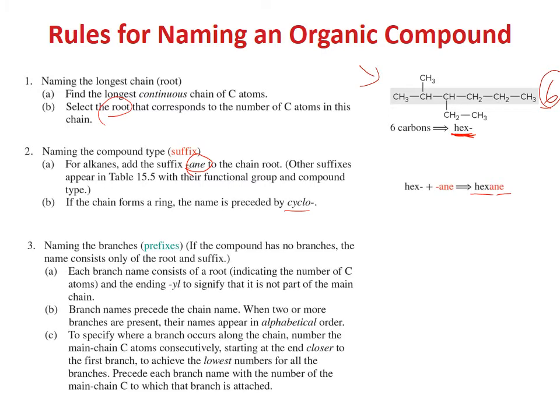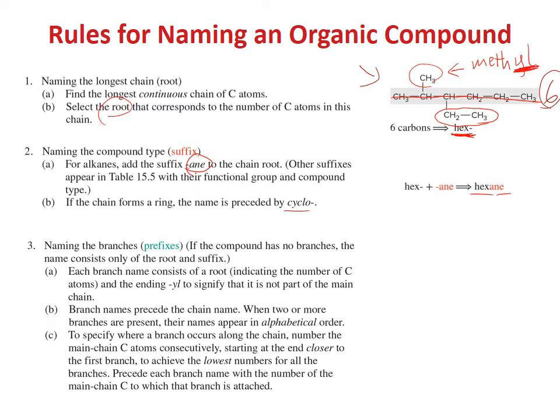And number 3, name the branches. If this is the main chain, then these are the branches. We need to find the name for each of these branches. For this one, only 1 carbon, so the root should be meth. To show it's a branch, we need to add Y-L.